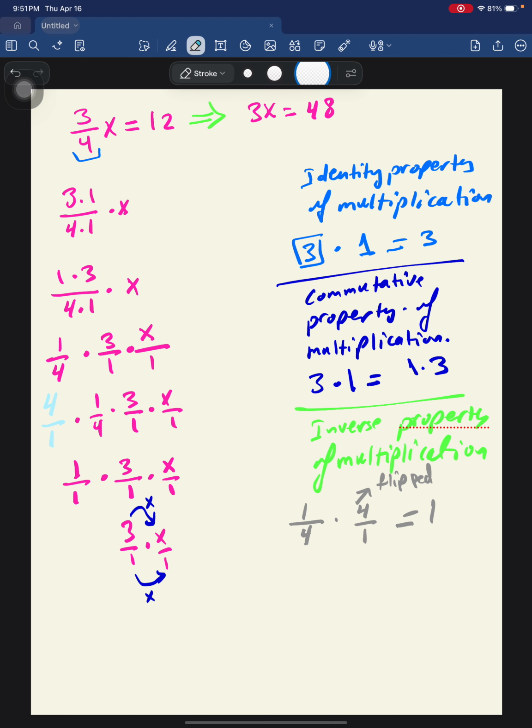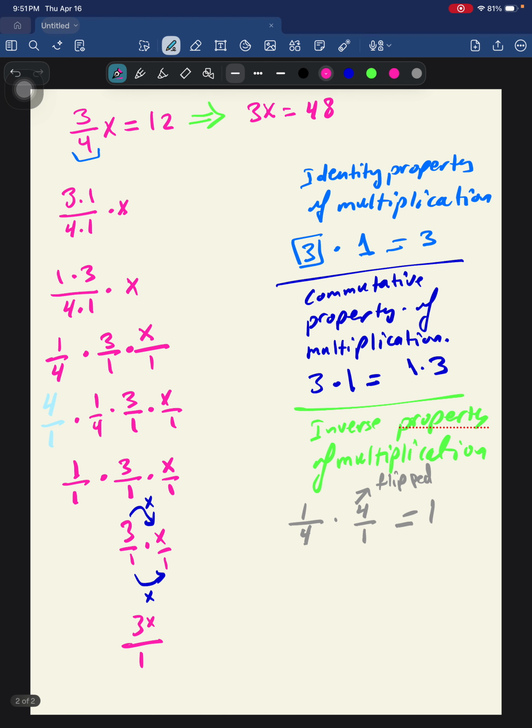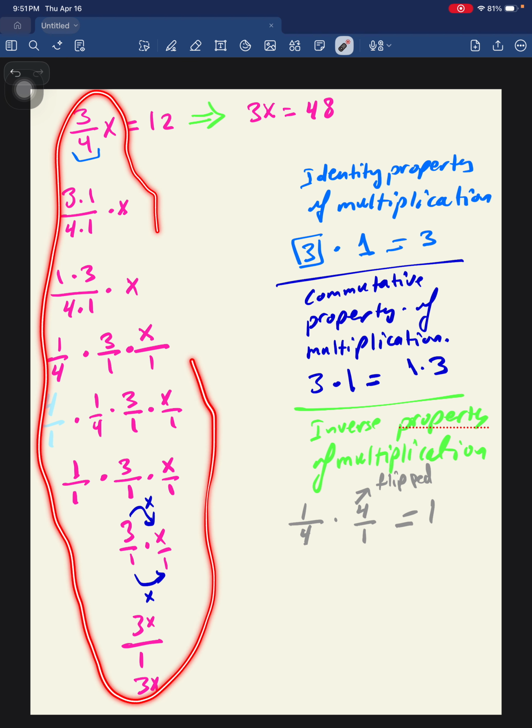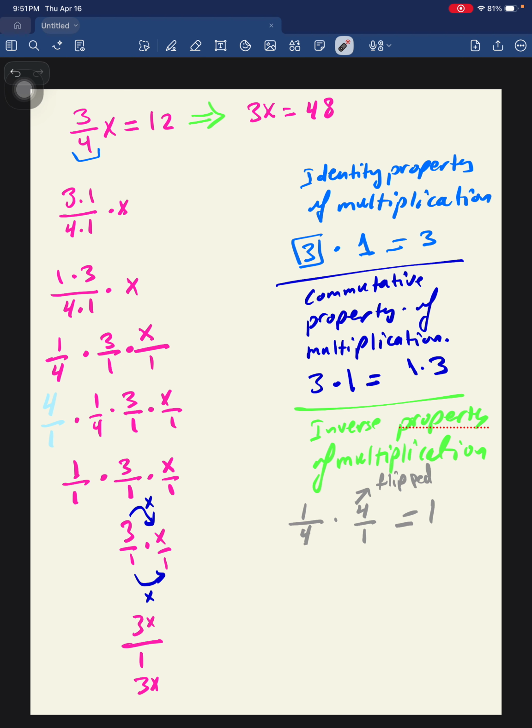At the end we get 3 times x, which is 3x, over 1 multiplied by 1, which is 1. Of course we can write this as 3x. This is a long procedure, but finally we will reach the summary at the end, so we can use it easily.